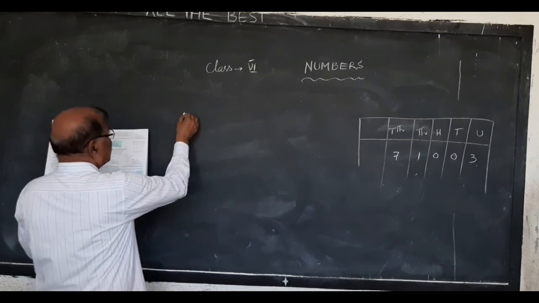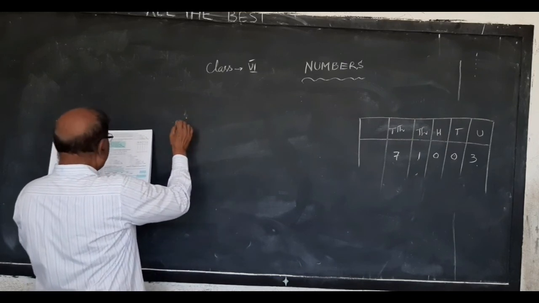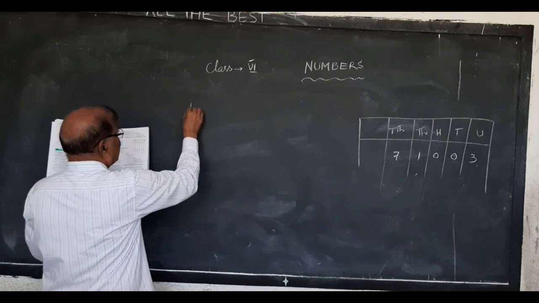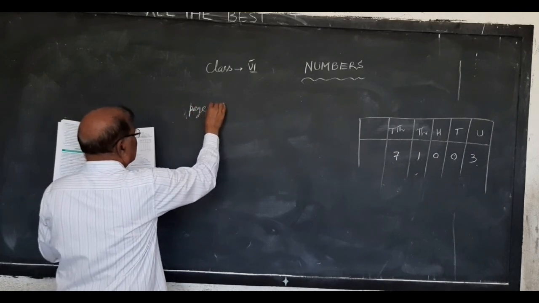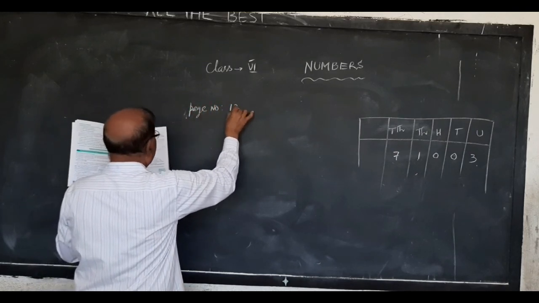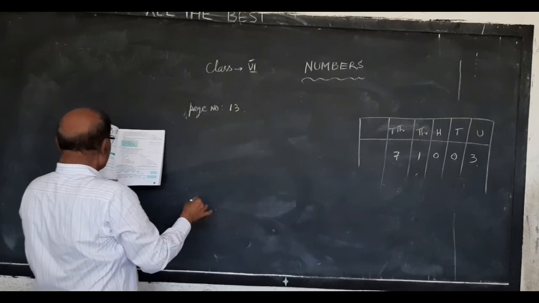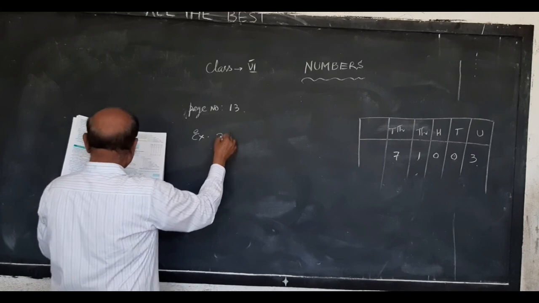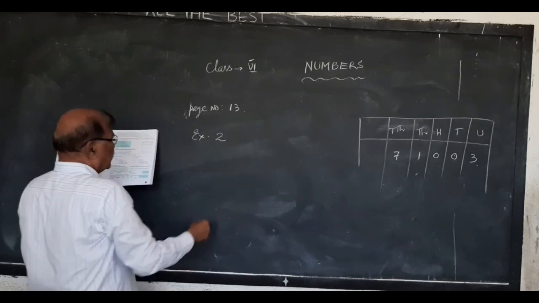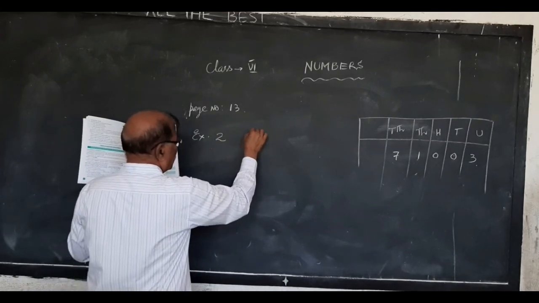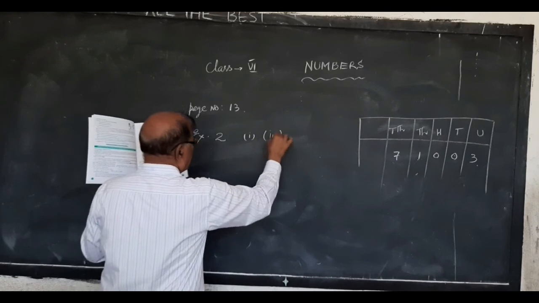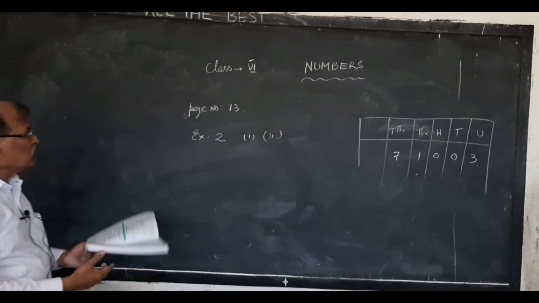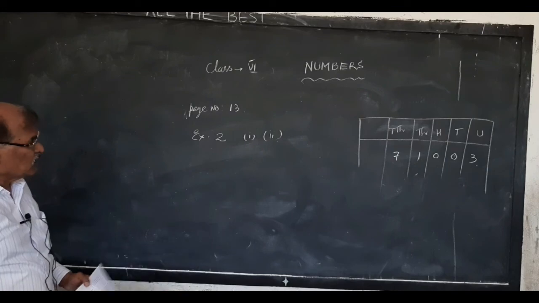Write the numbers. For example, take page number 13, example 2. You have two problems, 1 and 2. Please do these two problems at home. We shall see in the next class. Thank you.